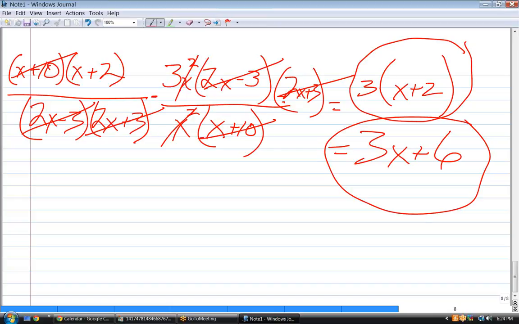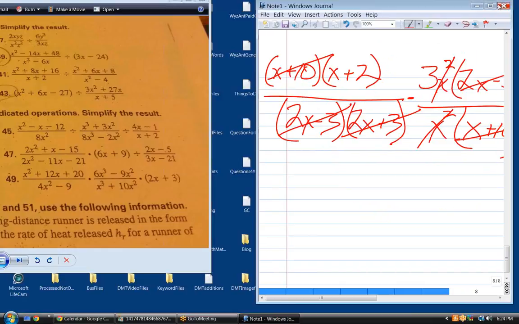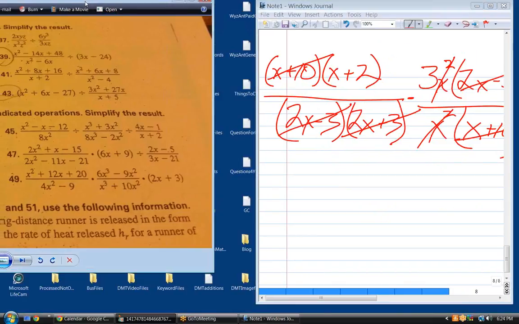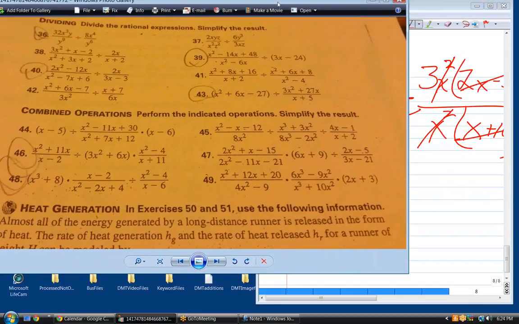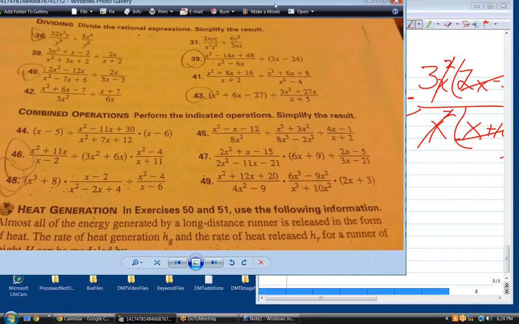You might ask your teacher what she would prefer for an answer on this one: 3 times x plus 2 or 3x plus 6? All right, I'll ask her tomorrow. Yeah, or ask him, sorry.